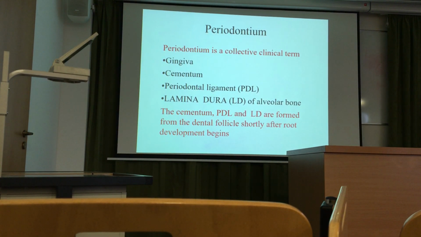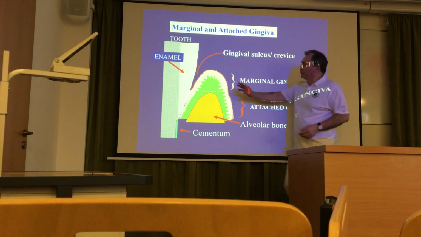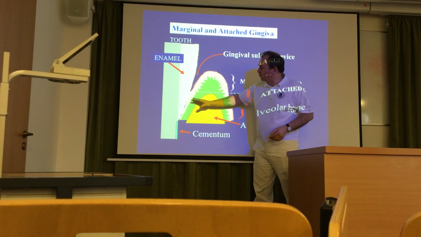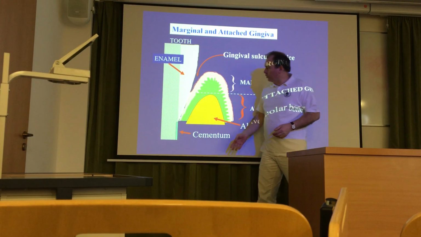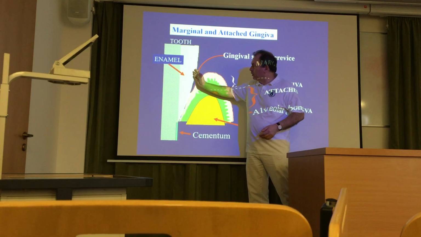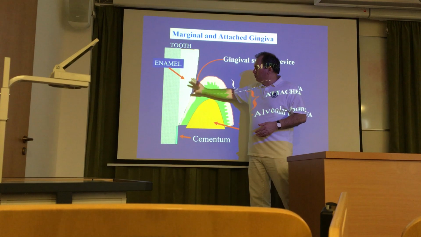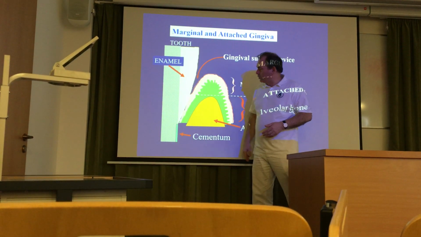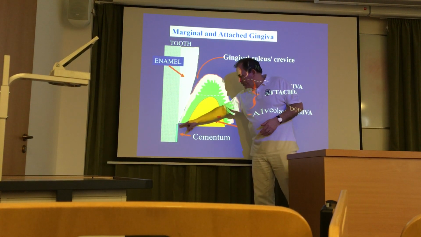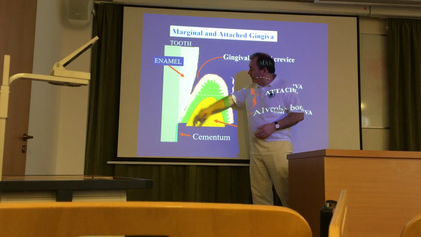In a healthy normal situation, around the neck we have the gingival sulcus, and we have an attachment level of the gingiva and of the periodontium. This attachment, normally in a healthy young person, is under the crown, near the cemento-enamel junction, near the cervix, but under the enamel.